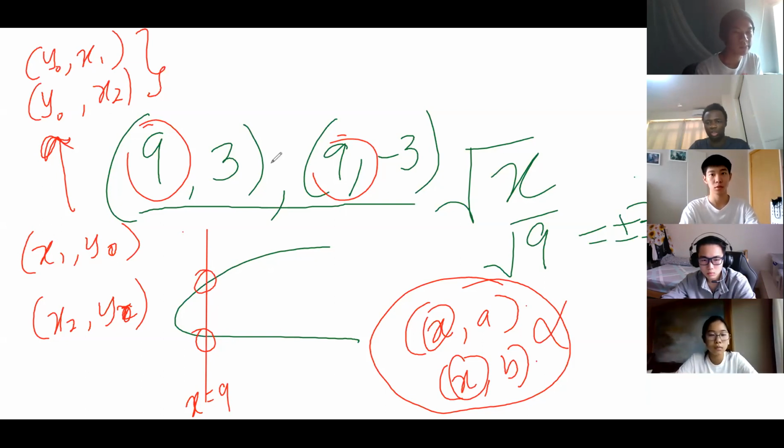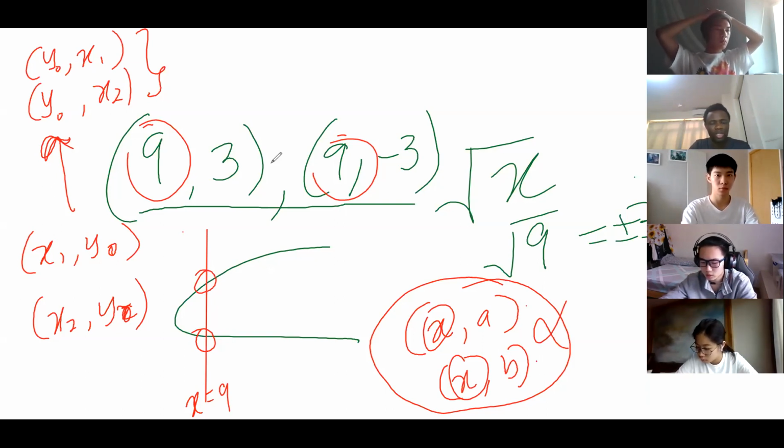This is what you need to watch out for. As a matter of fact, look at question C. What shape is that on the graph? A straight line. Thank you, Leo. It's a straight line.